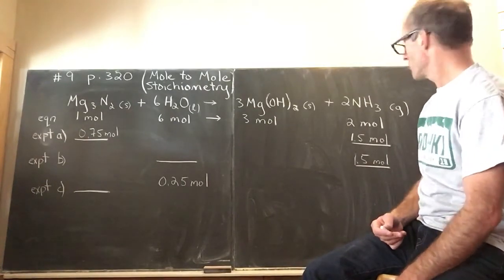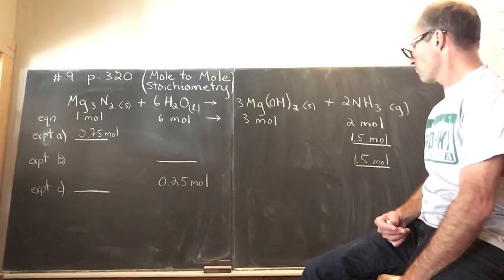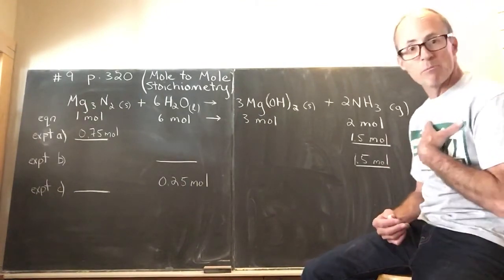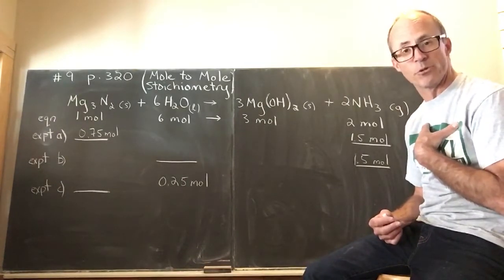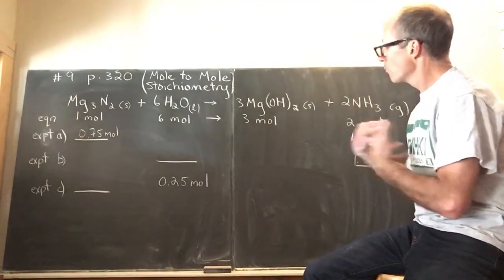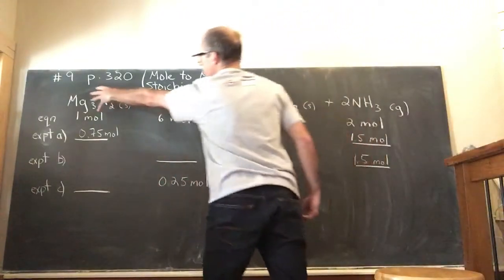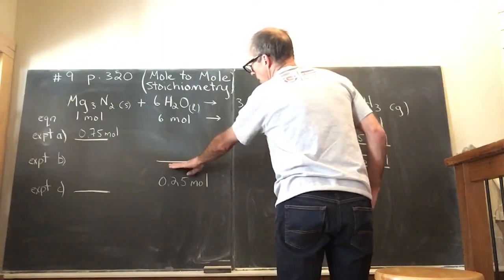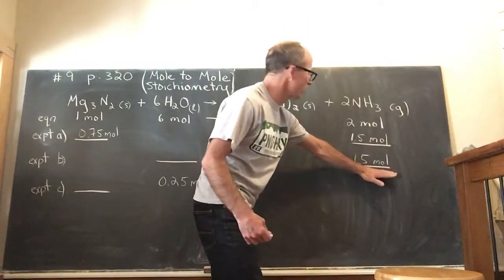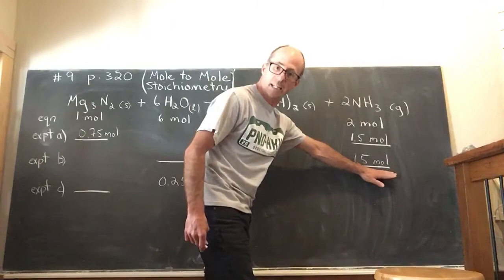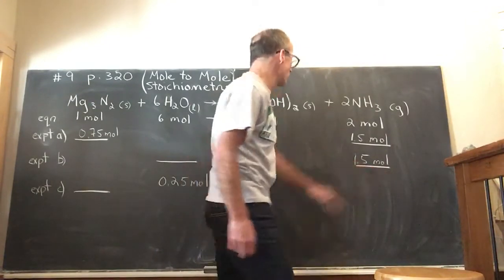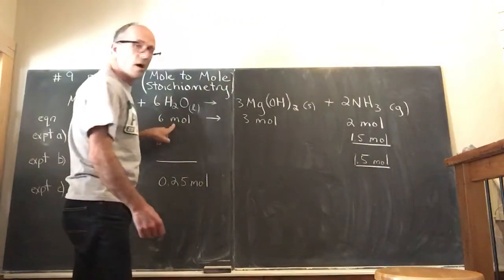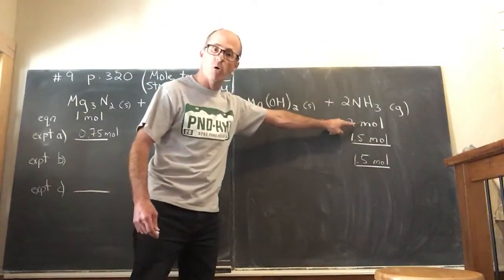So in B, they're giving you 1.5 moles of ammonia again, and they're saying how many moles of water are required to produce that. So we're not really interested in magnesium nitride. That's why there's a big blank right here. The blank is underneath the water, and we're filling in the 1.5 moles under the ammonia. And again, look at your ratios. It's clear that 6 moles of water are required to produce 2 moles of ammonia.